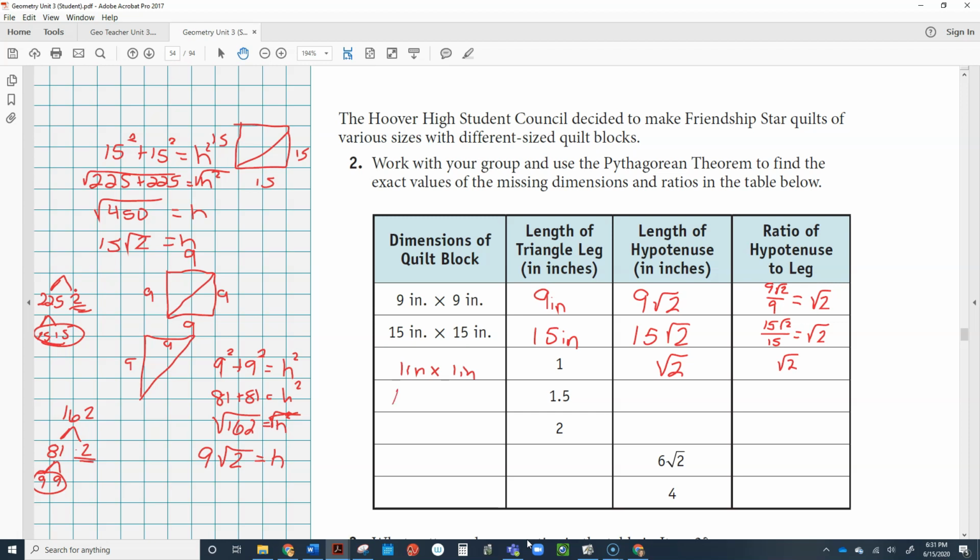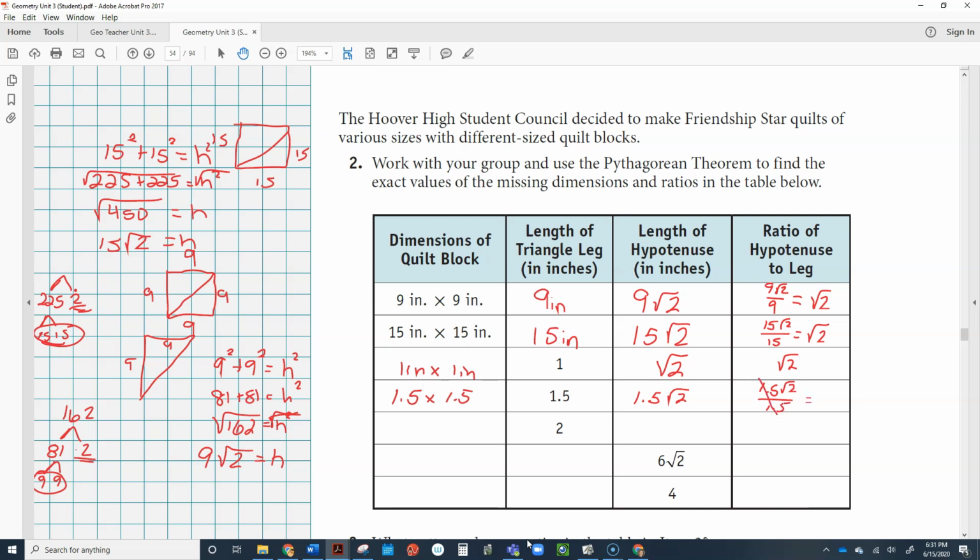This is 1.5, so this will be 1.5 times 1.5. That's how big the square is. This is going to be 1.5 square roots of 2. You want to keep doing the math over here. So you got all that. Just do it the same way, just change your numbers. And then this will be 1.5 square roots of 2 over 1.5.